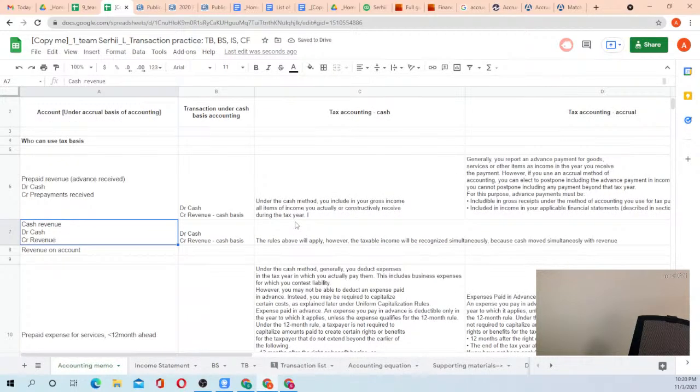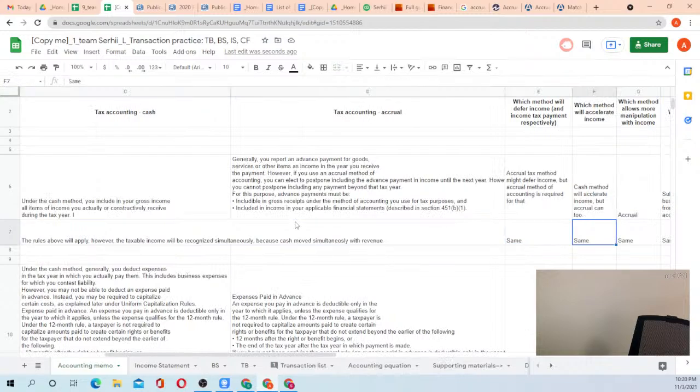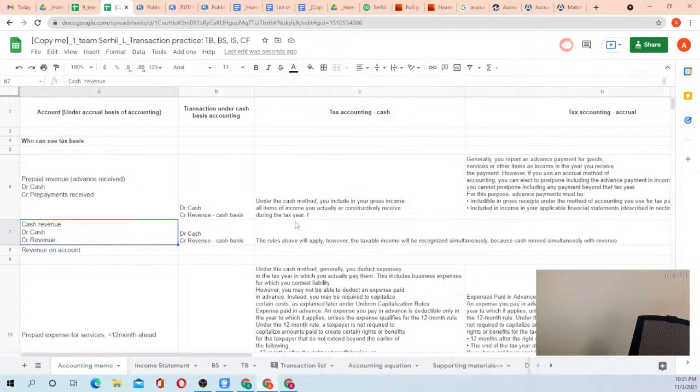So in the situation when we generate only cash revenue, some small business generating cash sales, selling its services, plumbers, electricians, dentists maybe, under both cash taxation and accrual taxation, the result will be totally the same.